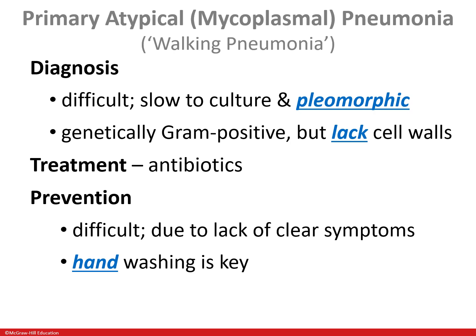So you touch a doorknob and then you touch your own eyes or nose and you've self-inoculated yourself. And there are no vaccines against this mycoplasmal organism. So again, hand washing is always the best prevention during cold and flu season because of the way these respiratory diseases are spread.